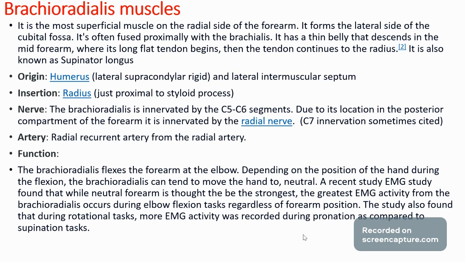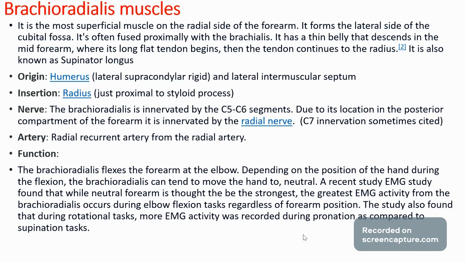Depending on the position of the hand during the flexion, the brachioradialis can tend to move the hand to neutral. A recent EMG study found that the neutral forearm is thought to be the strongest.